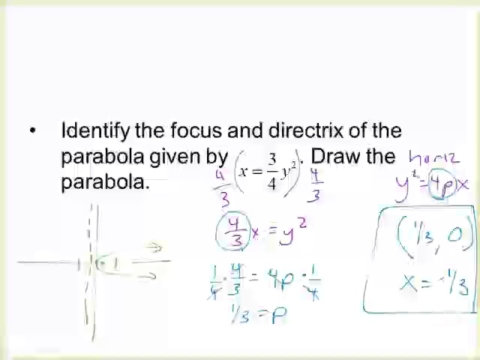So again, one group of your homework questions just asks you, is it facing right or left, up or down? And that's it. So we can look at the p-value, positive or negative, and look at which letter is squared. So we know a y squared is going to be sideways, positive sideways or negative sideways. X squared will be up or down, positive or negative tells us which one of those it is.